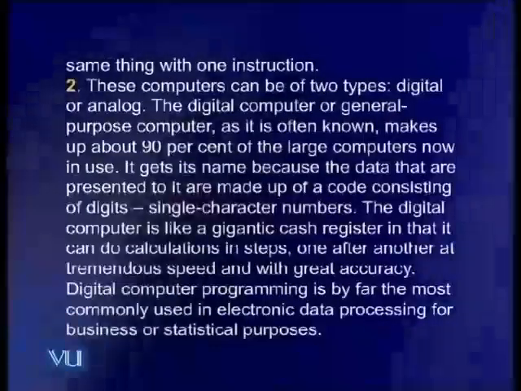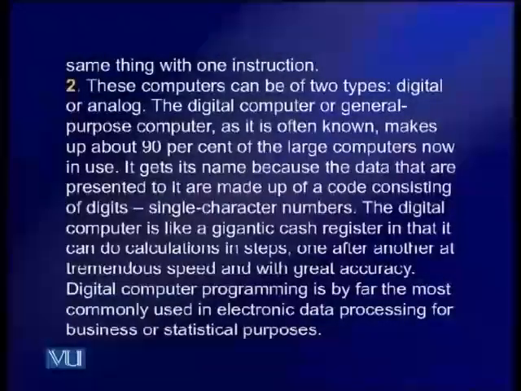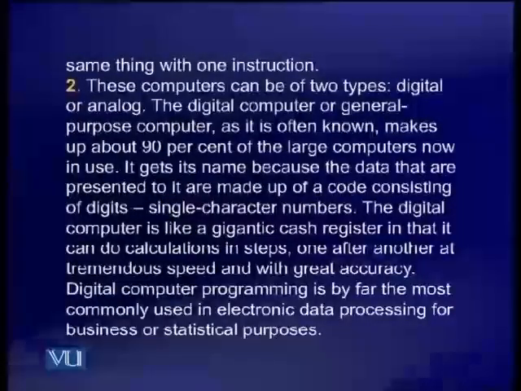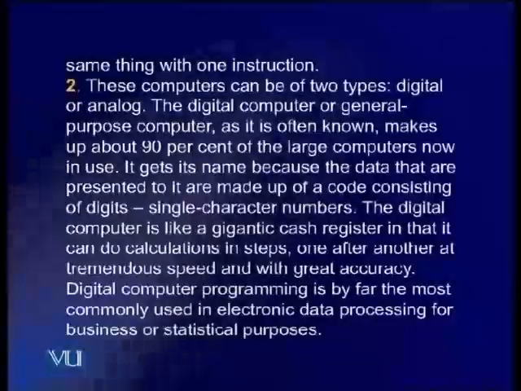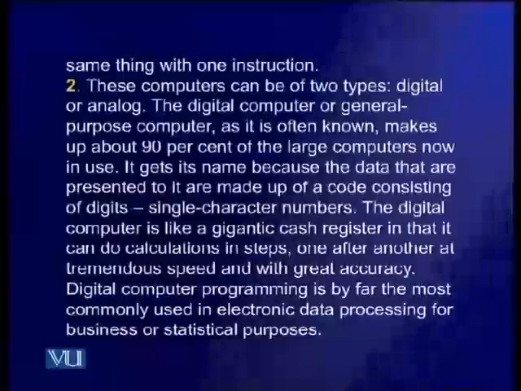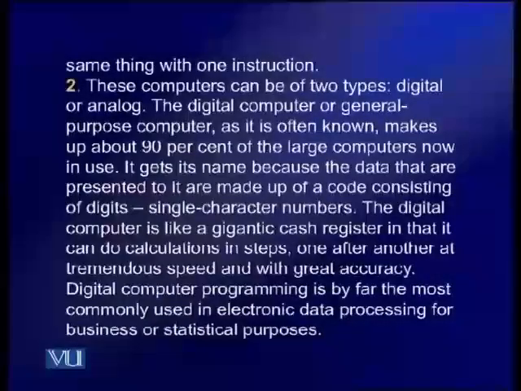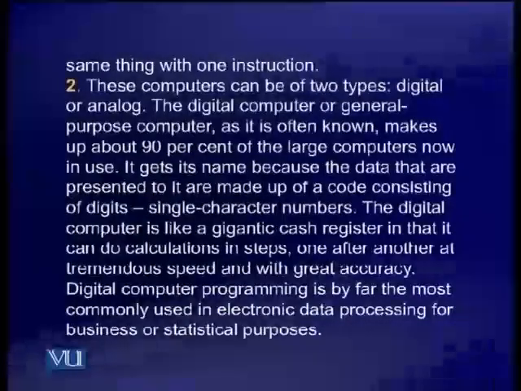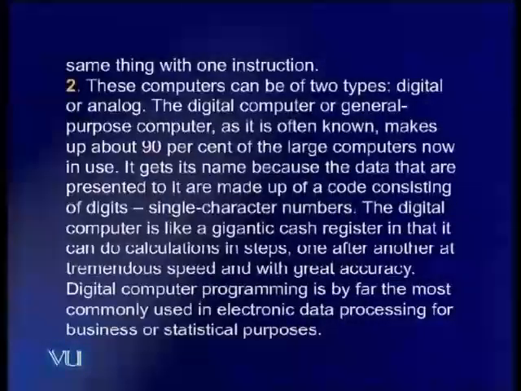These computers can be of two types, digital and analog. The digital computer, or general-purpose computer, as it is often known, makes up about 90% of the large computers that are in use.